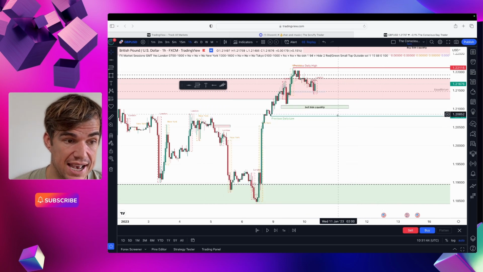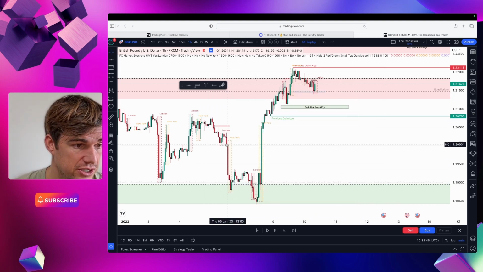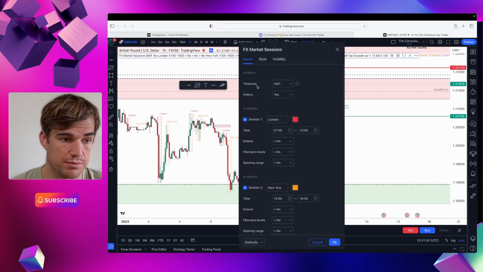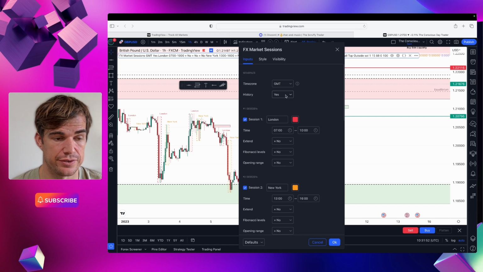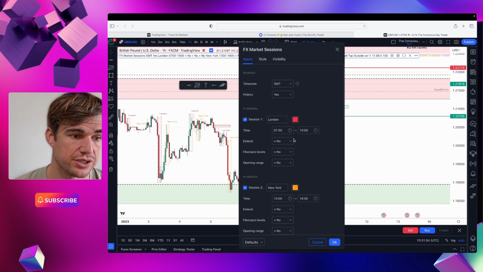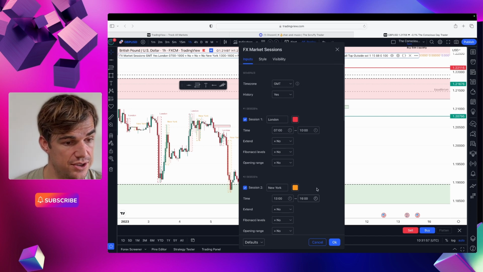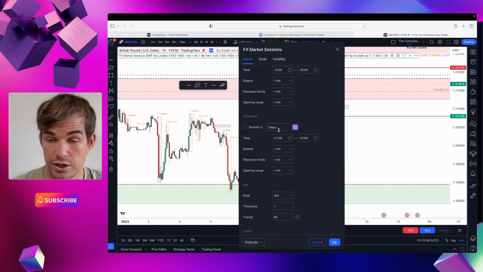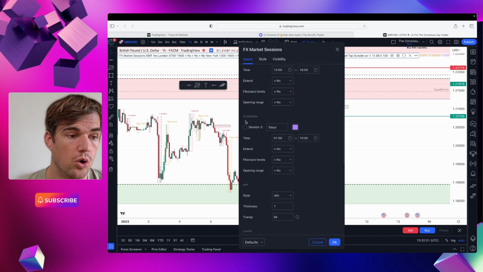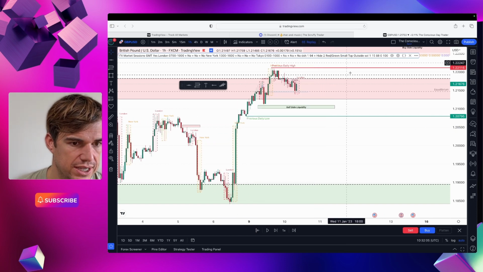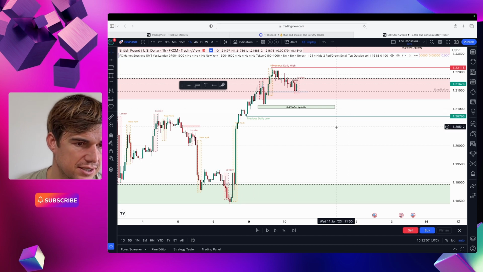And the way you can edit these, you can see you've got the historical data on there. If you double click on the FX market session, you can change if you want to see the previous historical sessions and the time zones, the kill time zones that I've got for London and New York. You can also add a Tokyo session if you want, or you can manipulate these to do whatever you want with your trading and how you trade the markets.